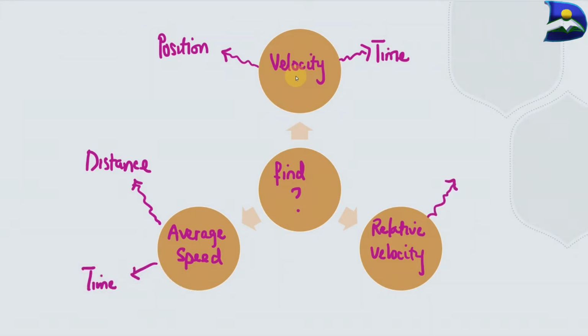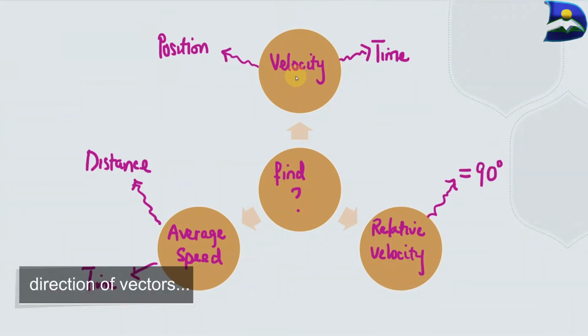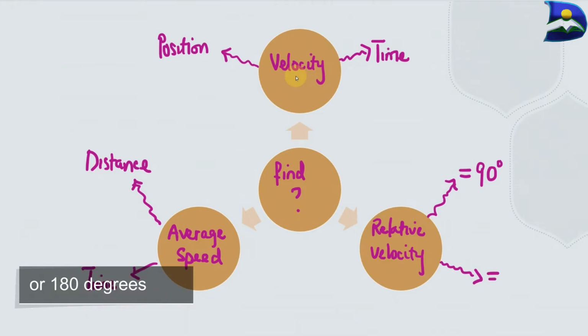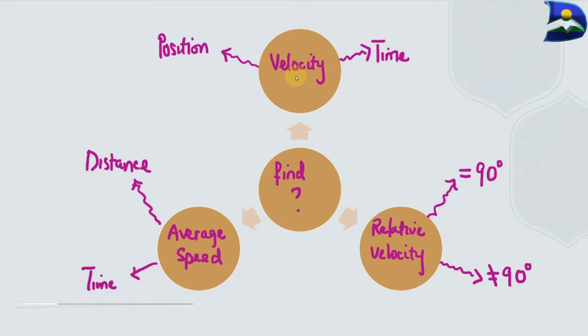So we're going to look at three scenarios: average speed, velocity, and relative velocity, which is the combination of vectors where the directions are at 90 degrees.